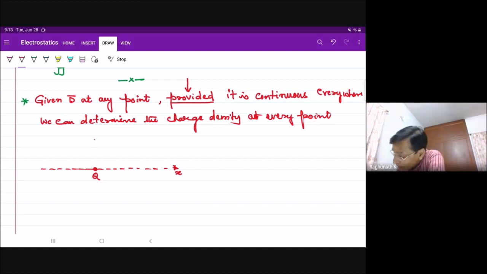Q by 4 pi d squared at d tending to 0 is what? Infinity. It decreases like this. To the right, if it is positive, to the left, it will be negative. You agree with this?